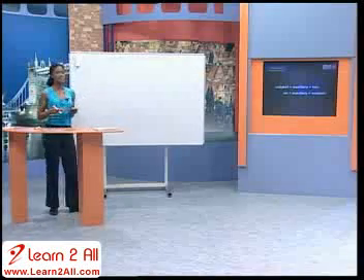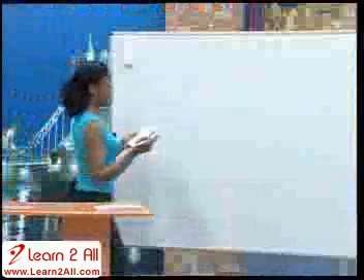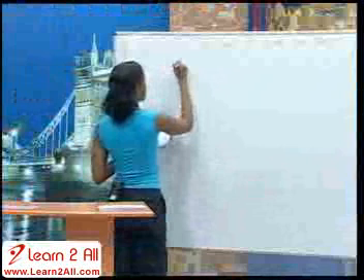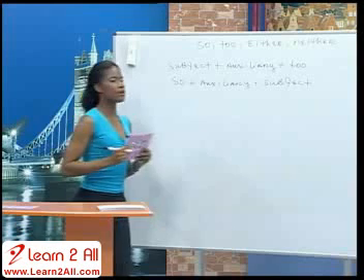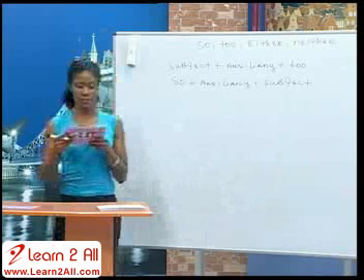Those two sentences have the same meaning. So the word order is your subject plus your auxiliary plus too, or so plus your auxiliary verb plus your subject. Okay, take a look at these examples.